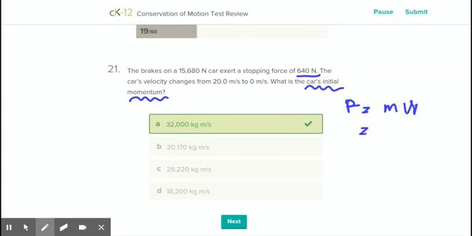Do we know mass? We don't, but we do know the gravitational force. Remember, gravitational force, or the weight, equals mg.